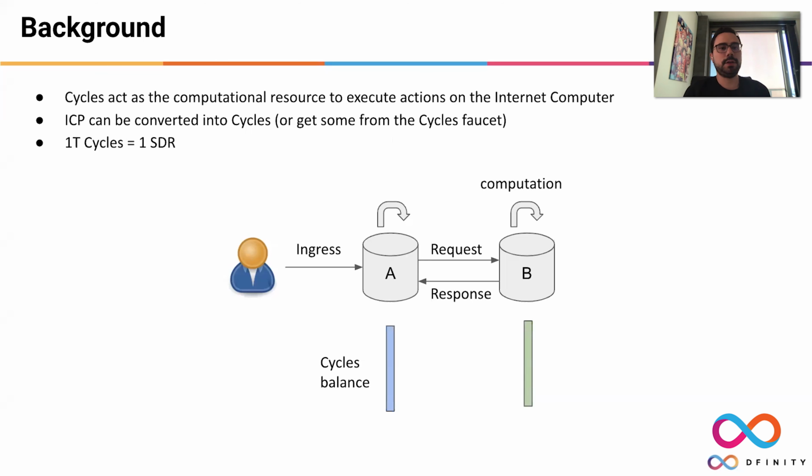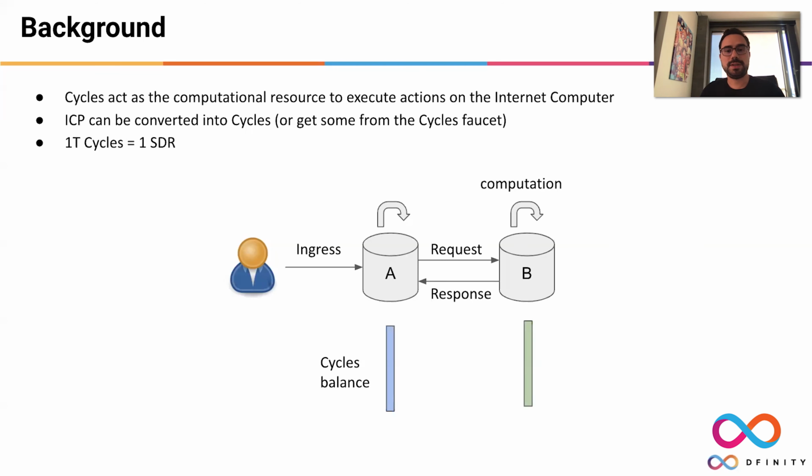Cycles act as the computational resource we use on the internet computer, and we charge canisters for performing actions on the internet computer in cycles. Typically how this works is that your canister has a cycles balance, and every time they perform some operation or they receive a message or they execute a message, they will get charged.